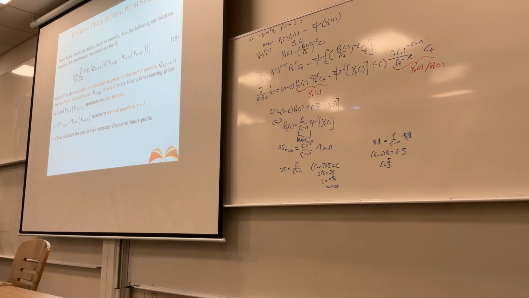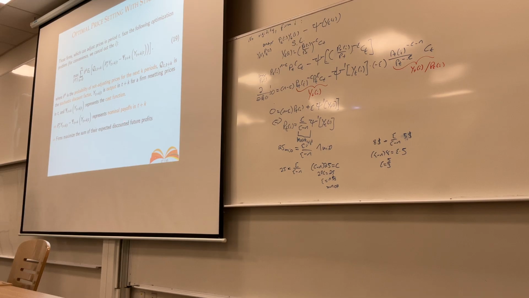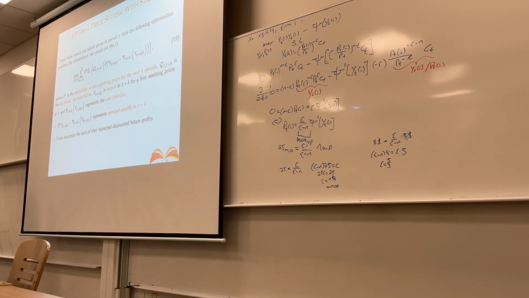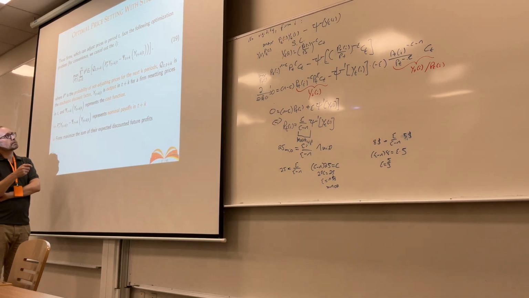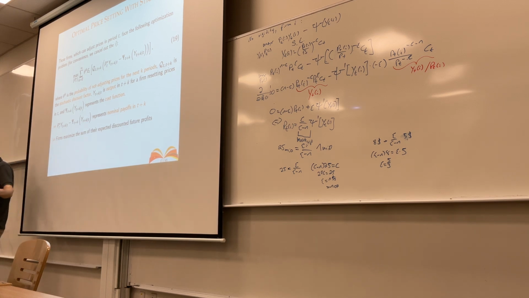Well, it's going to maximize profits, just like in the standard case. You recognize the profit function in here, but now it's going to take into account that when it changes its price in period t, it might be stuck with this price for a while.